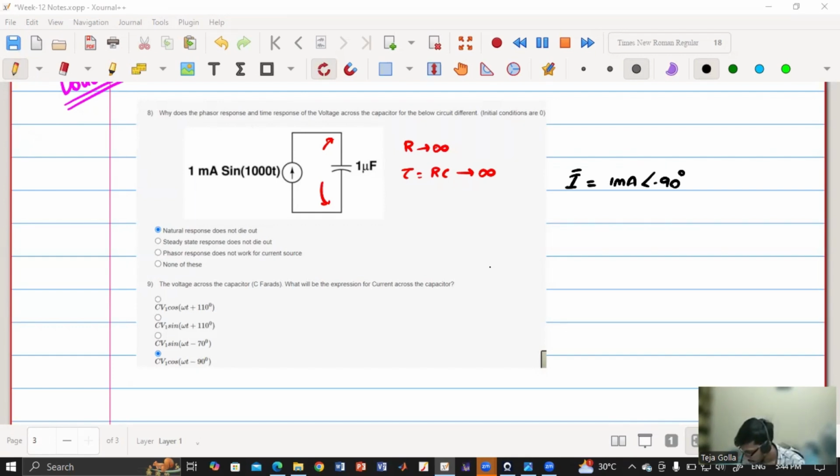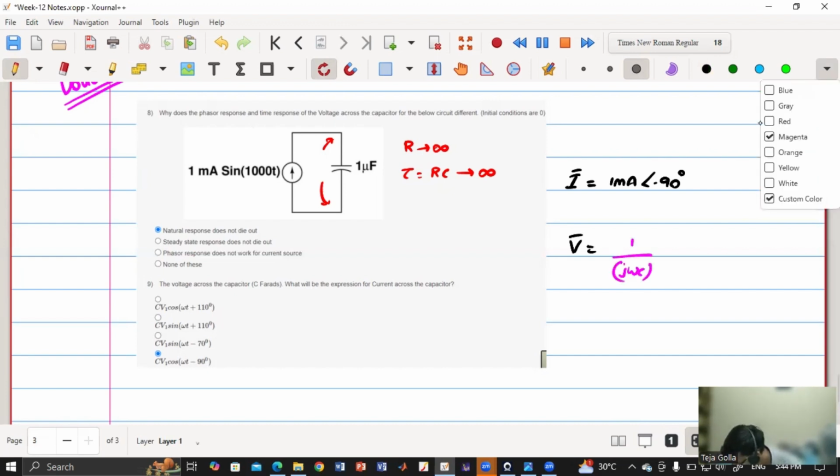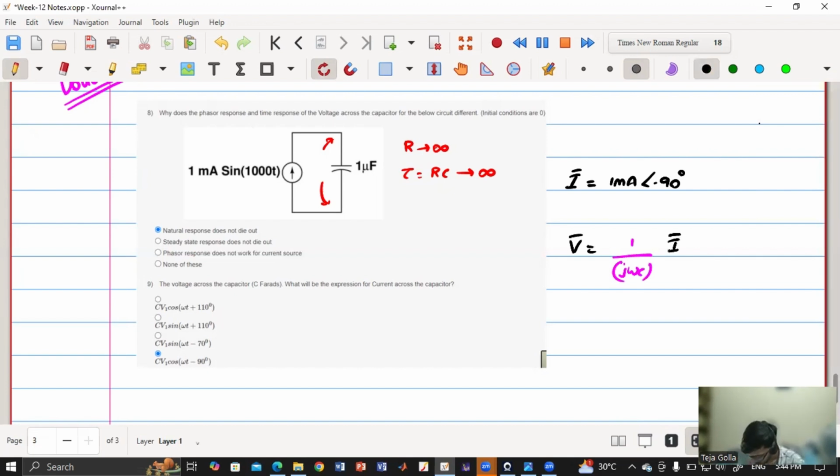Yes. So because it is a capacitor, we know that V bar is equal to 1 by j omega c into I bar. So they are asking for voltage in terms of current or current in terms of voltage. They have written current in terms of voltage, but current is already given.